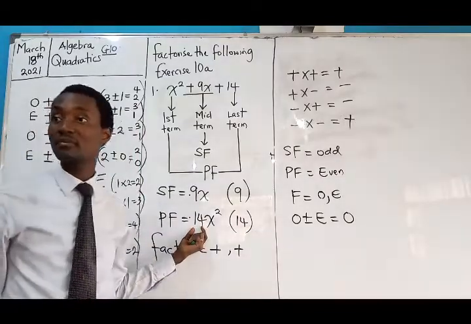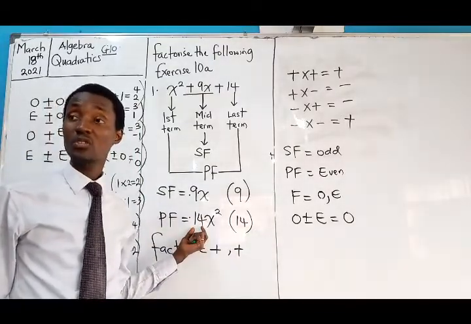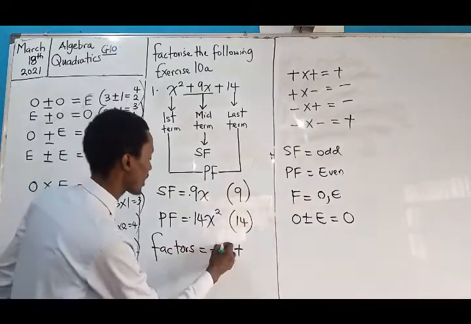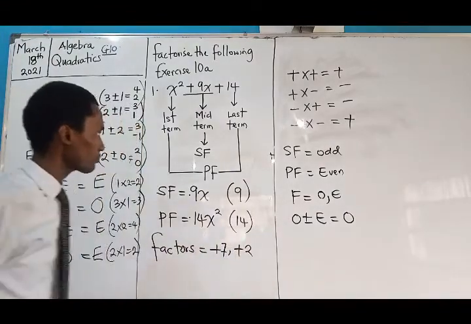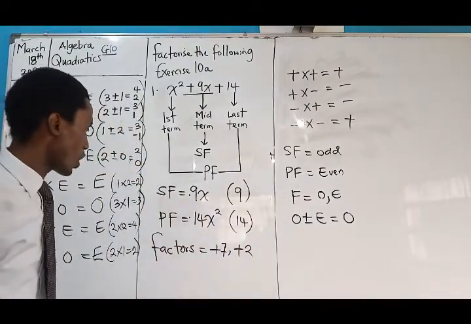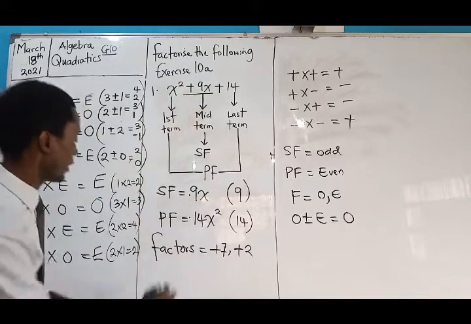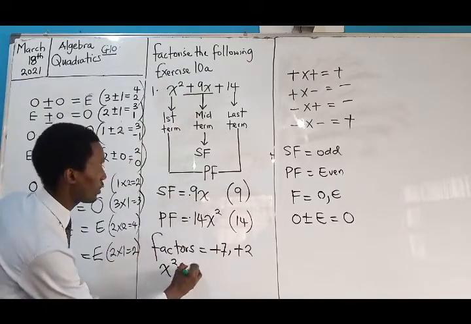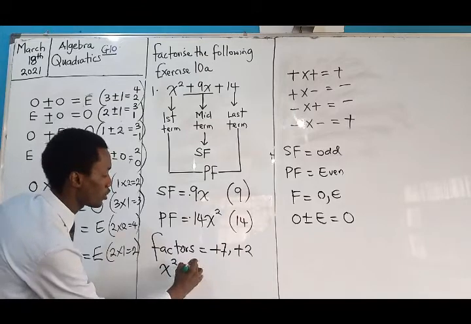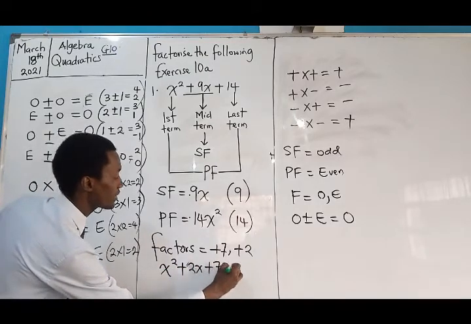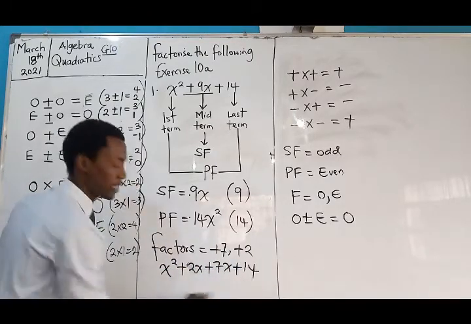Once you know that, look at 14. How do you break 14? 7 and 2. Good. So this will be 7 and this will be 2. So you bring this back in and this will be x squared plus 9x, which is 2x plus 7x, plus 14.